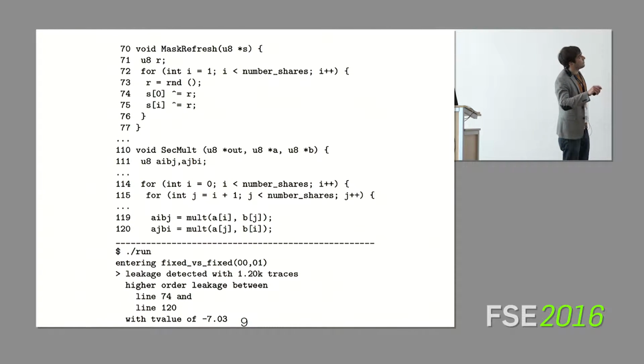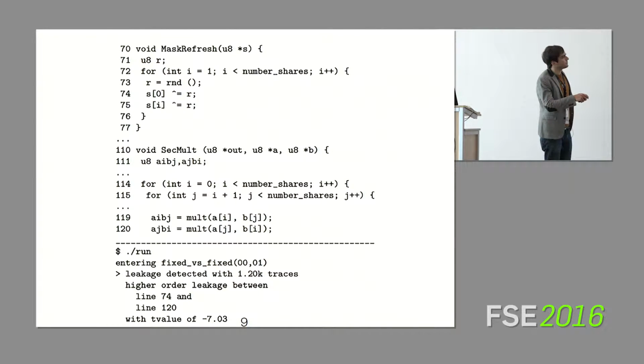So this is some refreshing block. So this performs a refreshing of your sharings. And this is the beginning of GF(2^n) multiplication. So you take some input shares, A and B, and compute the multiplication while doing some cross products.